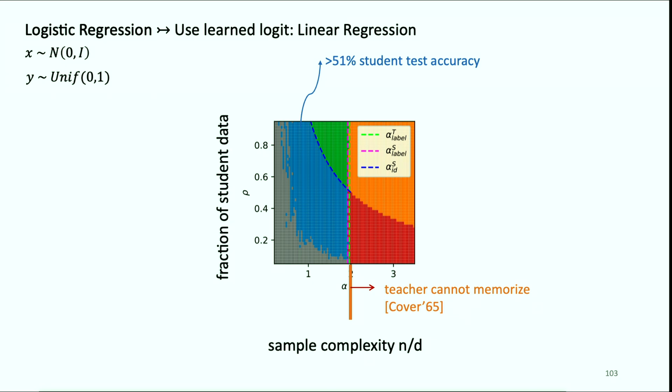Then there's a transition where you can get 100% test accuracy by the student, because the student has seen enough data points with logits that the linear regression becomes invertible. In this green regime there's 100% accuracy simply because the teacher structure is clearly defined. There's only one solution here.